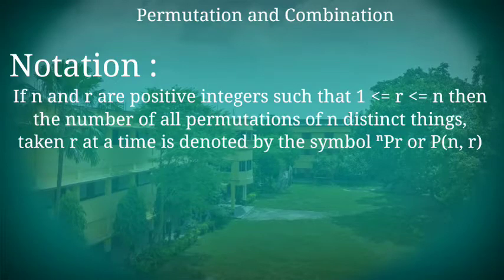Now let's discuss the notation of permutation. If n and r are two positive integers such that r is greater than or equal to 1 and less than or equal to n, then the number of all permutations of n distinct things taken r at a time is denoted by the symbol nPr, where n is written at the superscript of the P and r is written at the subscript.